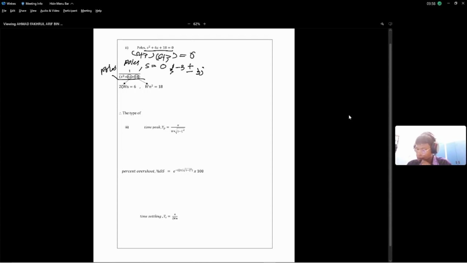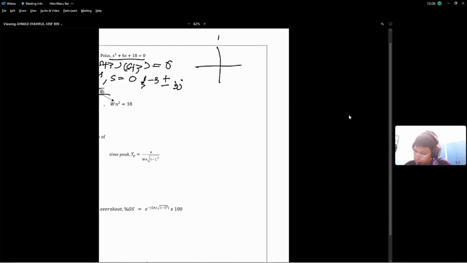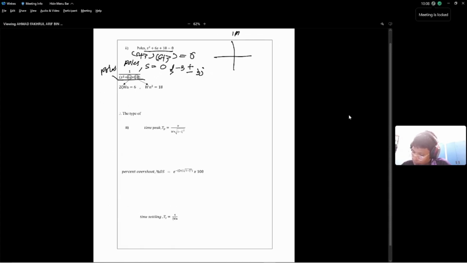So from these poles we can plot the poles. So this is the imaginary axis, and this is the real axis. First of all, s equal to 0, so this is 0, and then negative 3 plus minus 3j.